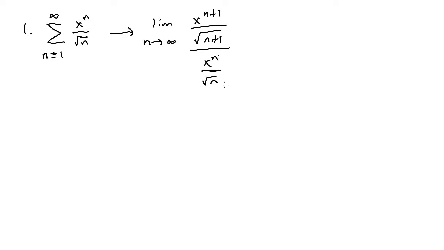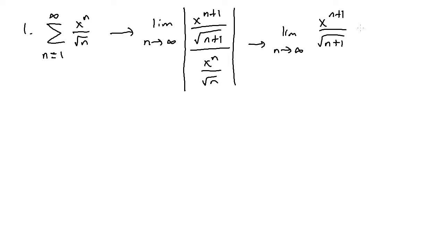Remember, if I divide by a fraction, I can multiply by its reciprocal, and we have to take the absolute value. So we get the limit as n approaches infinity of x to the n plus 1 over the square root of n plus 1, multiplied by the reciprocal, square root of n over x to the n.